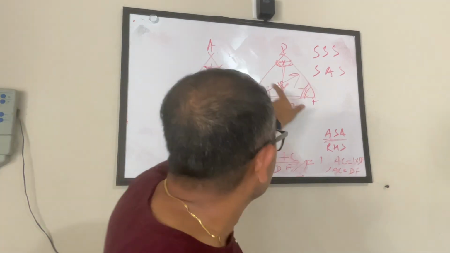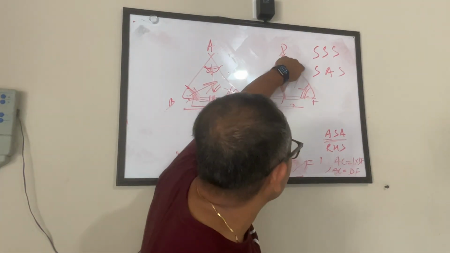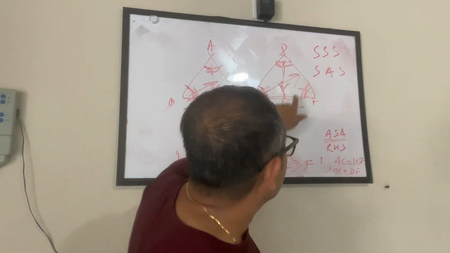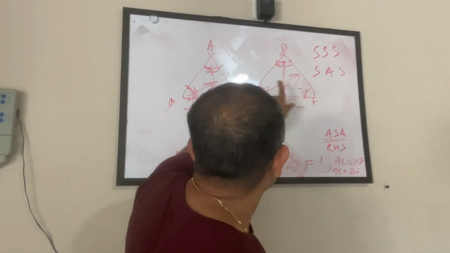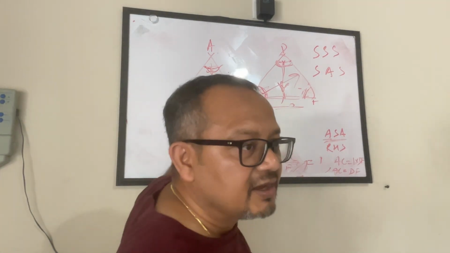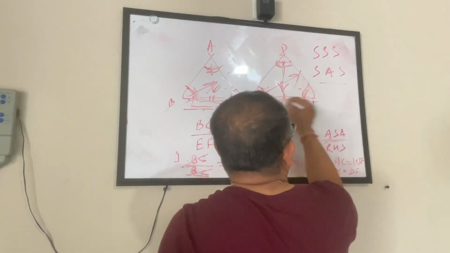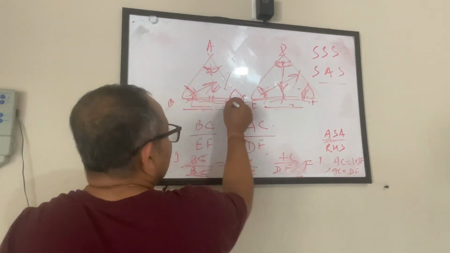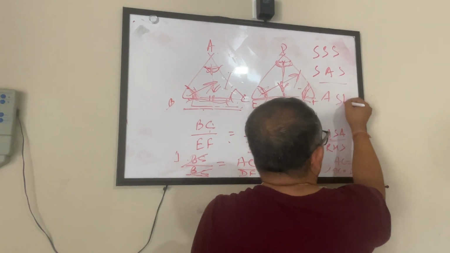This side is equal to this side, that is already known to us. Now we found out that this side is also same as this side, meaning these two sides are same. And the angle between them is anyway same. So we can again go back to SAS. Side, angle, side, same. So this one is also true.